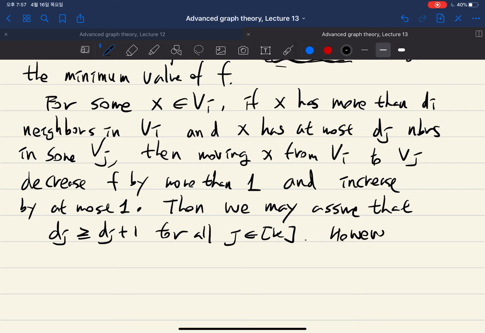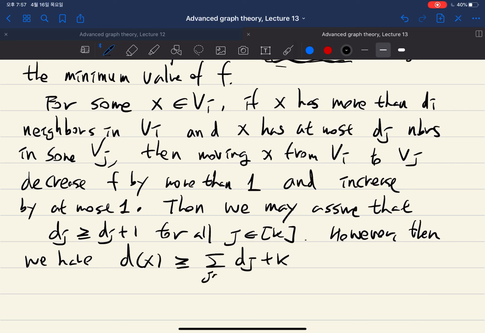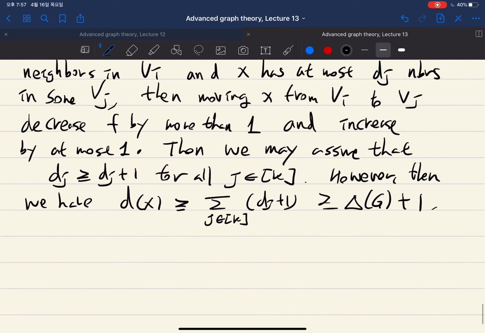However, then we have the degree of x is at least the summation of (d_j plus 1) over j between 1 and k, minus k plus 1, and that's the maximum degree plus 1, which is a contradiction.